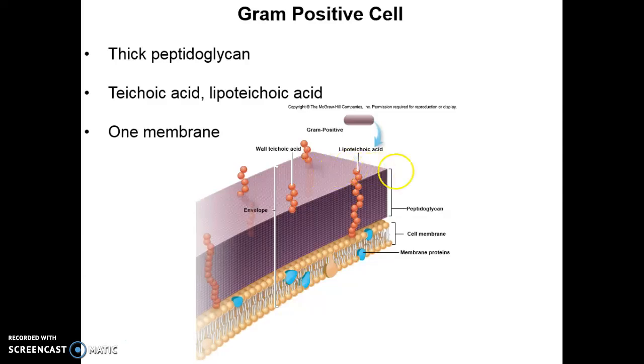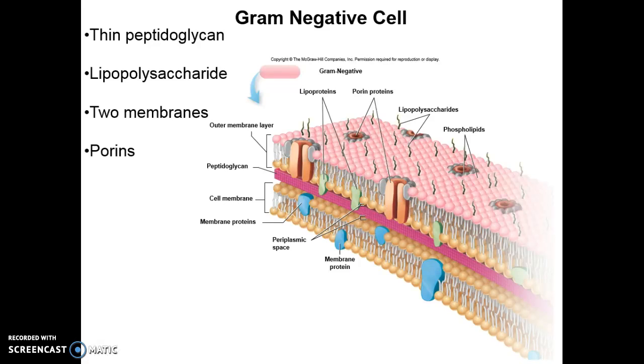Whereas with the gram-positive cell, maybe that very top layer of the crystal violet is drawn out by the alcohol, but there's still a lot of that peptidoglycan layer that maintains the crystal violet. Then the last major step of the Gram stain is to stain it with a secondary stain called safranin that colors the peptidoglycan that pink or red color, and that's what you see here.